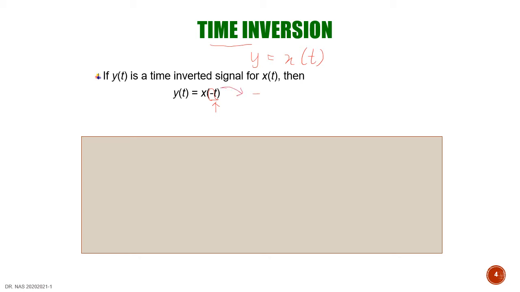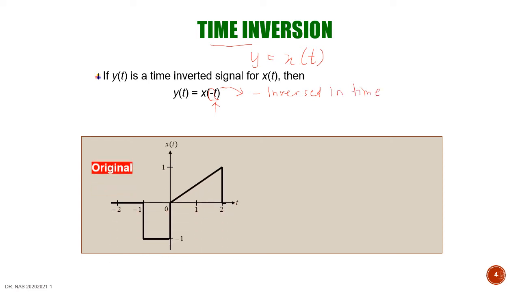Negative means the signal is being inverted in time. This is the original signal. So what happens when you have a new signal y(t) equal to x(minus t)? The signal is inverted in time, but the amplitude remains the same.